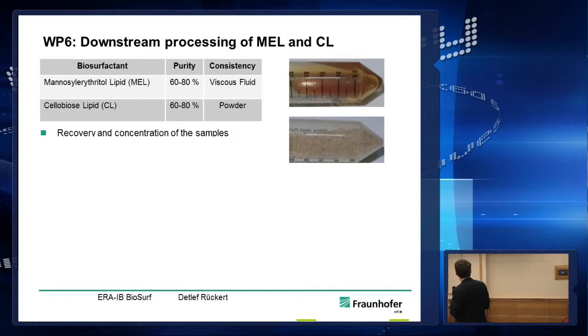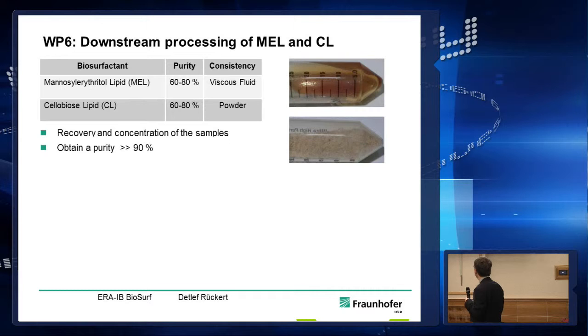What you see here is basically the downstream processing of MEL and CL that was done batch-wise. So this comes out of a fermentation after cell separation. We have about 60 to 80% purity after recovery of the samples, and the things look brownish.